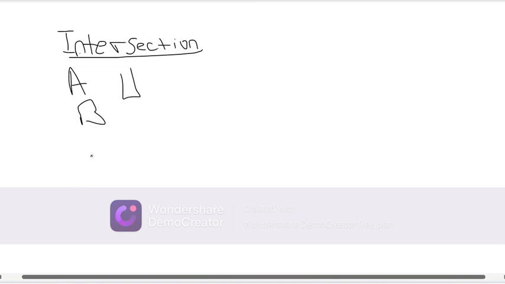When we say A intersection B, we represent intersection by ∩, and we mean elements that are found in A and are also found in B. We call that intersection.